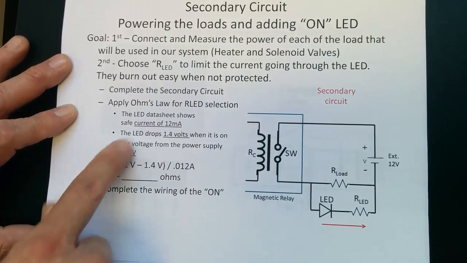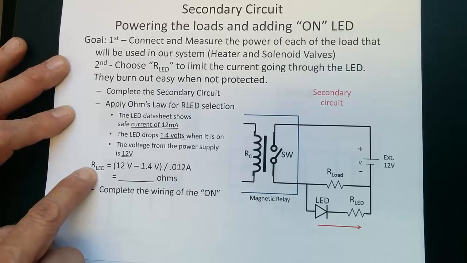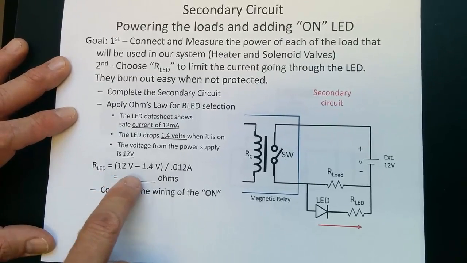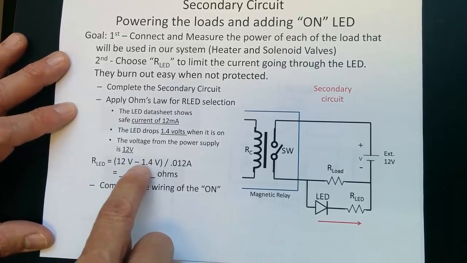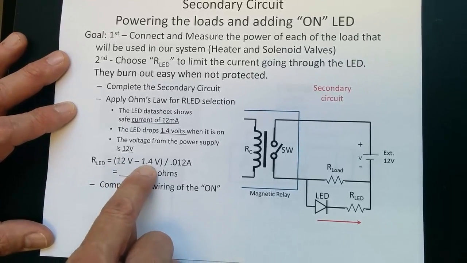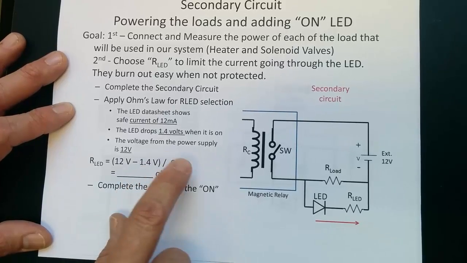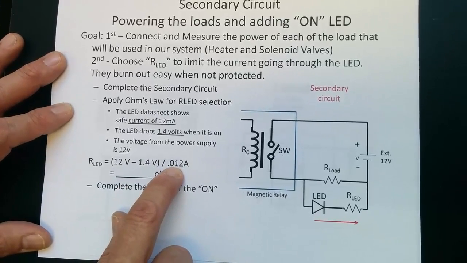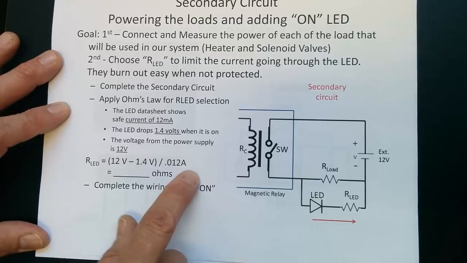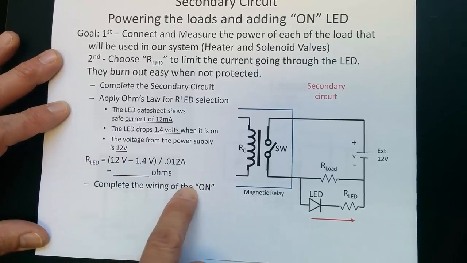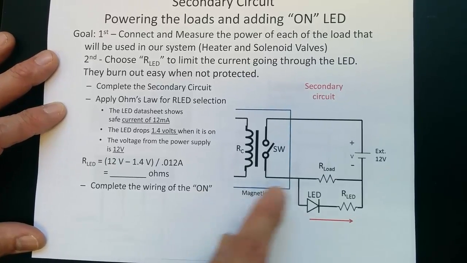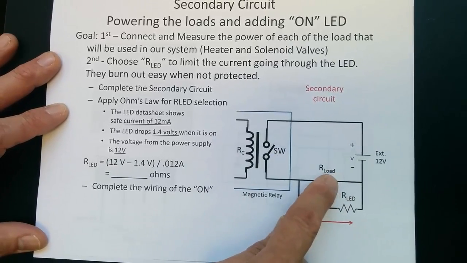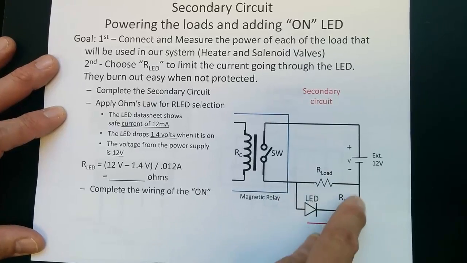So rearranging Ohm's law, solving for the LED resistance, the voltage across the resistor is going to be 12 volts minus the 1.4 volt drop on the LED, divided by 0.012 amps, or 12 milliamps. So complete this calculation, and now this will provide us an on indication with that wiring complete. So we're going to do the first circuit that activates the load, and then we'll add the LED in.